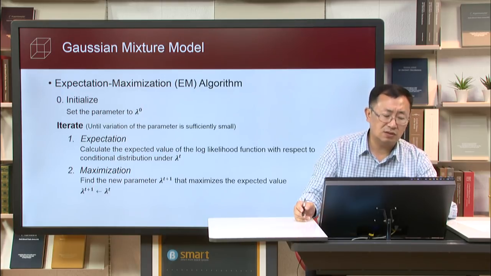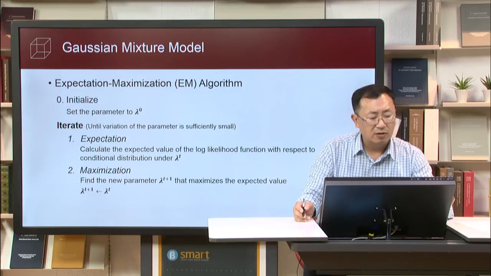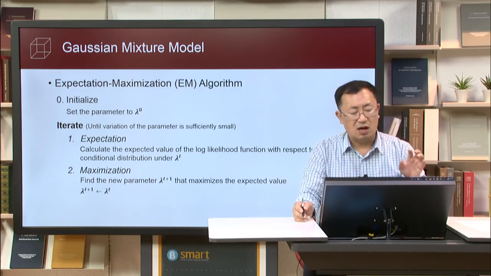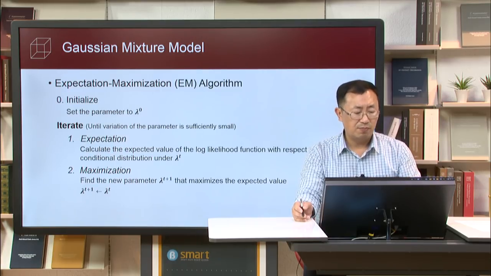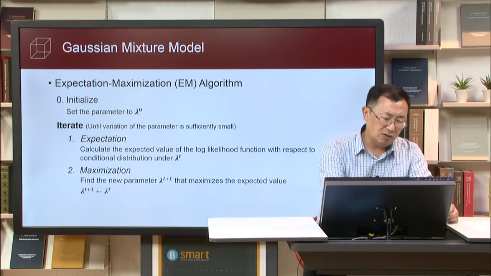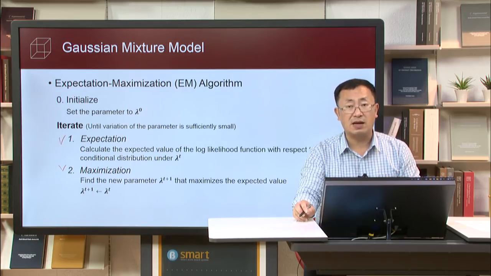In the EM algorithm, in the initialization stage, you just arbitrarily set the parameter, let's say that is lambda 0, and you keep iterating with two sub-steps. One is the expectation, and the second step is the maximization.